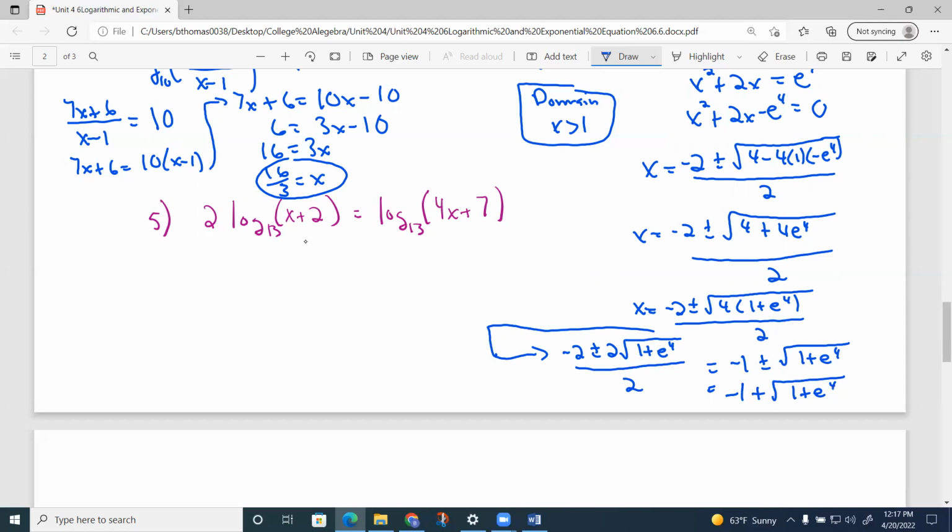I'll have to give myself some room here, so I'll go over to the side and write this as the log of x plus 2 squared, base 13, equals the log of 4x plus 7, base 13. And since the logs are both the same, all we have to do is set what we're taking the log of equal to each other. So we have this x plus 2 squared equals this 4x plus 7.